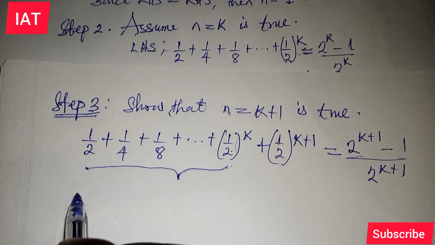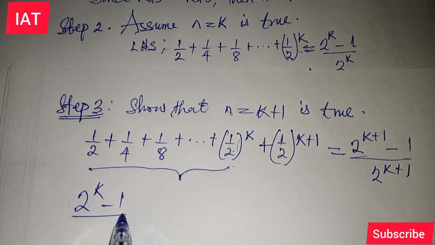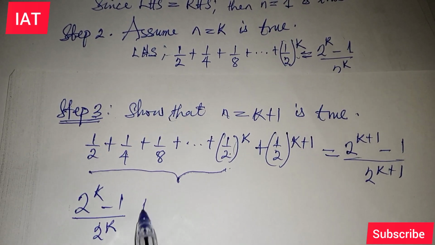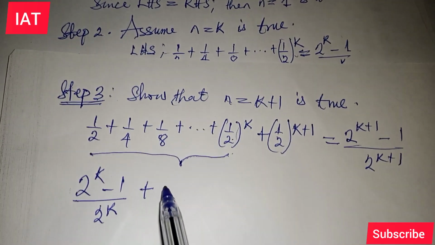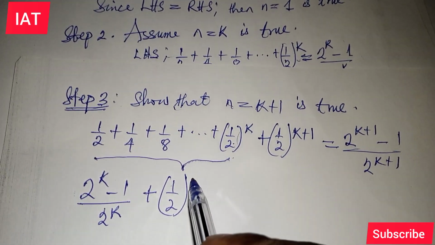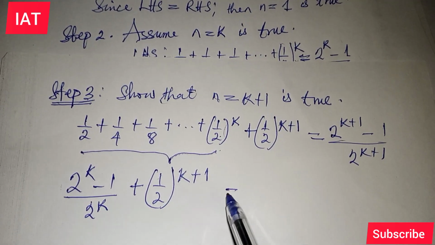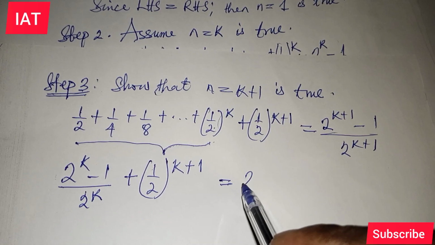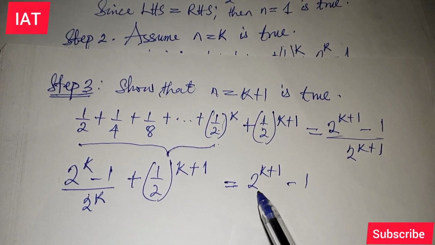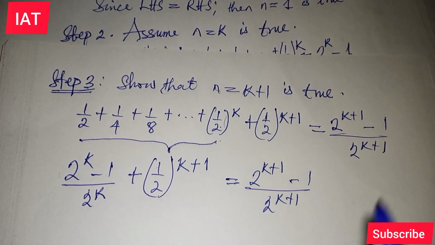So I have 2 to the power of k minus 1 all over 2 to the power of k, added to 1 over 2 to the power of k plus 1. The whole of this will be equal to what we have at the right hand side, 2 to the power of k plus 1 minus 1 all over 2 to the power of k plus 1.